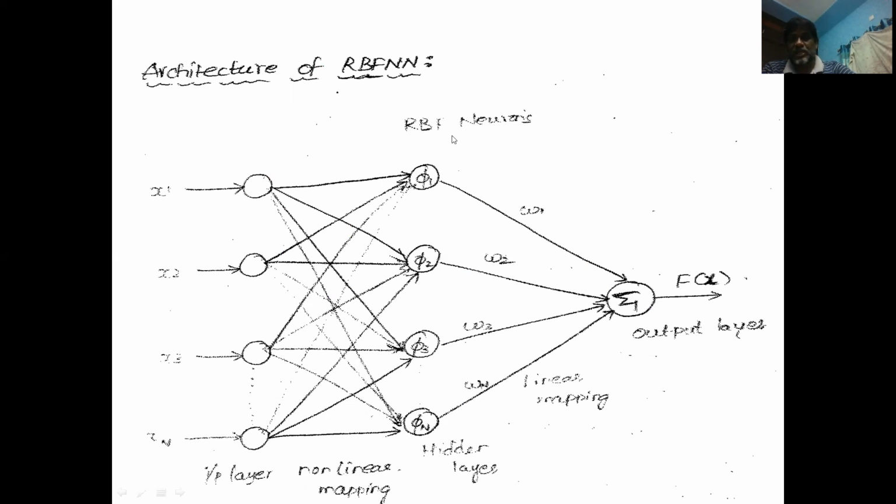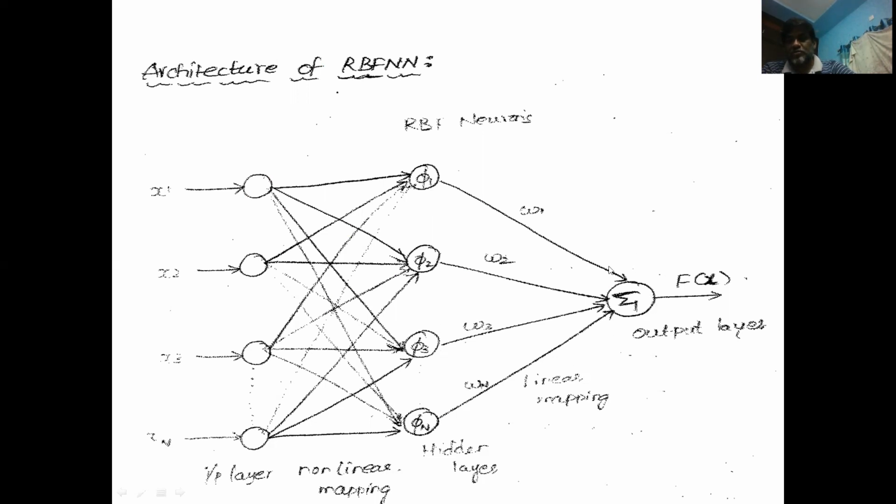That is, we will take the help of a special activation function called the RBF function, radial basis function. And then from hidden space to output, the conversion is going to be a linear mapping. That is, we will consider a general activation function that maps the hidden space into output space.